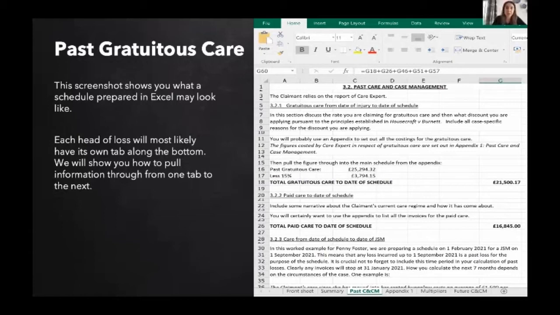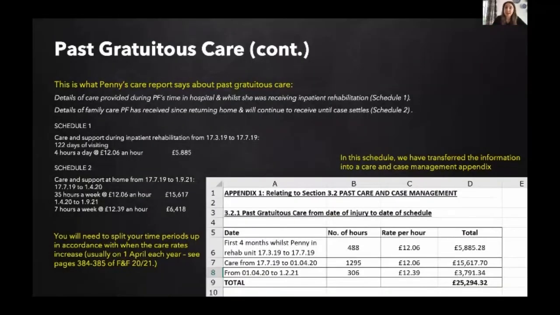Great, thank you. And in this case, let's look at Penny, let's look at her past gratuitous care. And Anna, if you could explain to us how you calculated this and how you lay it out in this schedule, which here we've got in Appendix 1. Yes, you will recall from webinar 1, Dan advocating the use of appendices, and I completely agree.